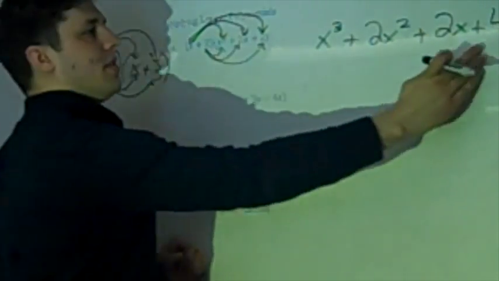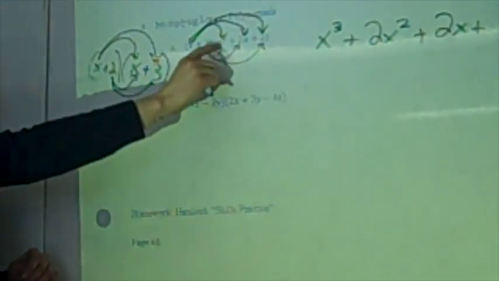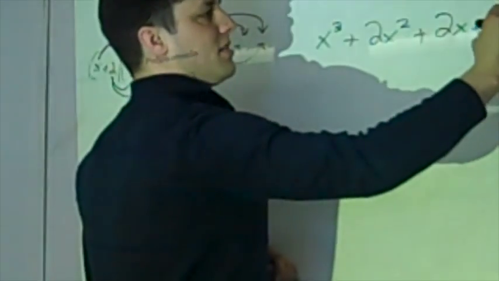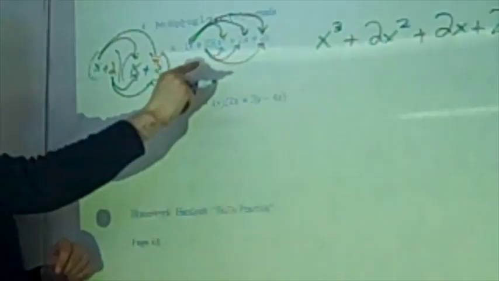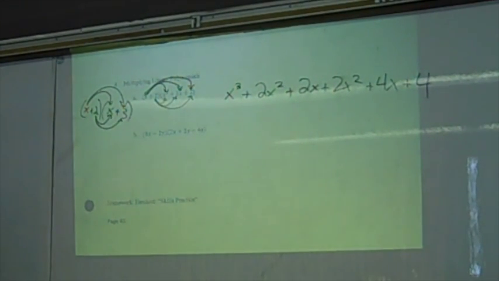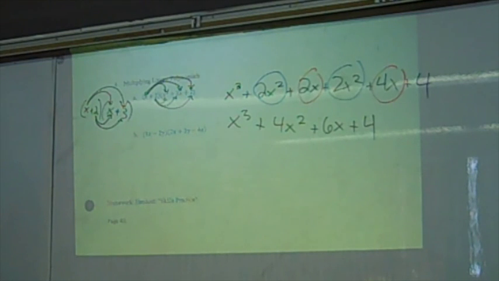Oh, I'm sorry, I missed one. 2 times x squared is going to be 2x squared. 2 times 2x is going to be 4x. And then 2 times 2 is going to be 4. And now you start combining similar terms. All right. Let's see here.